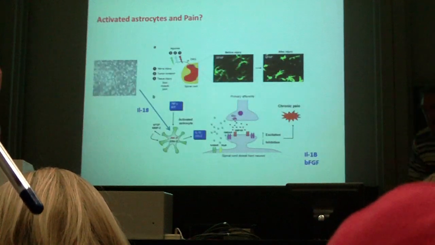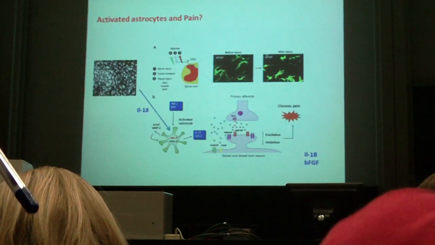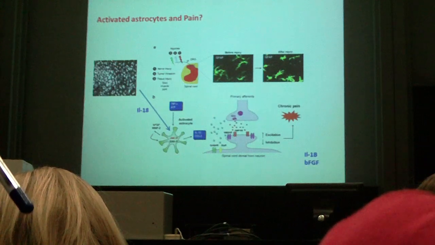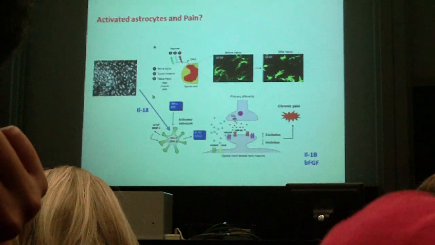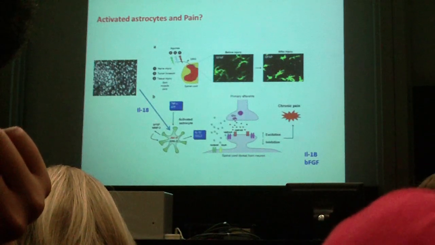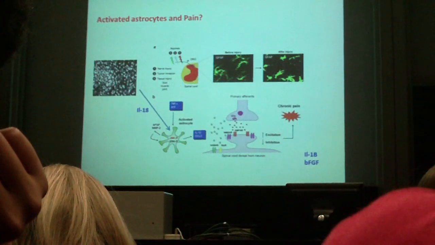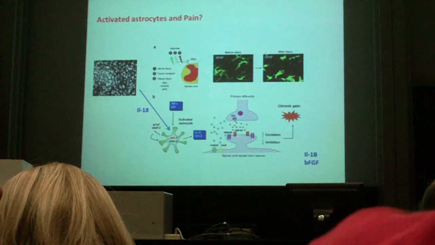And why are these astroglial cells so important for chronic pain, for the chronicity of pain? That's summarized here. Here you see the afferents again, with glutamate, the AMPA, and NMDA receptor. These astrocytes become activated with interleukin 18, released from the microglial cells. And they have two important characteristics. First of all, they release interleukin 1 beta, and this molecule directly interferes with this process.